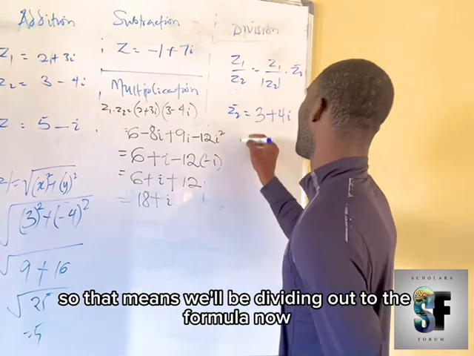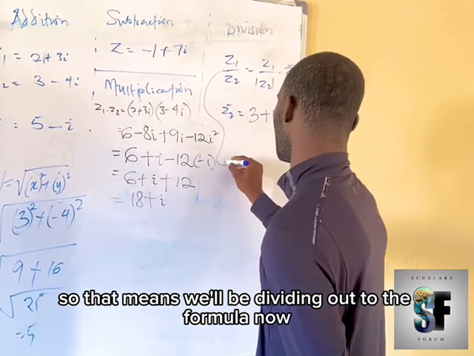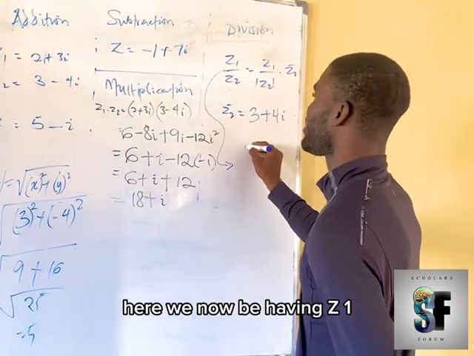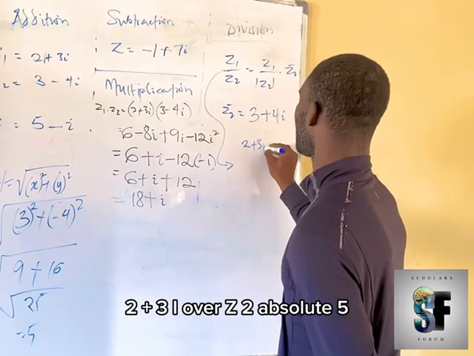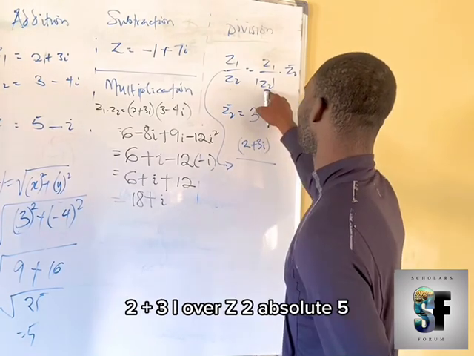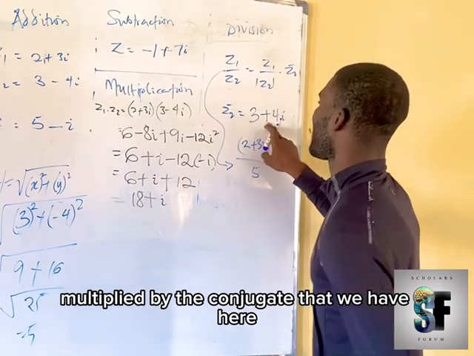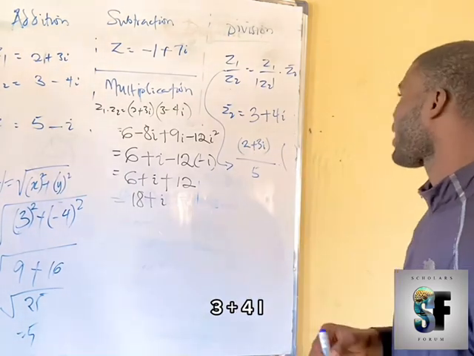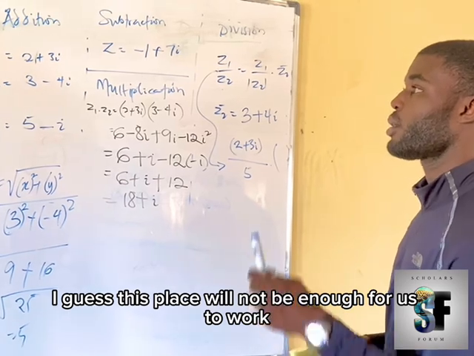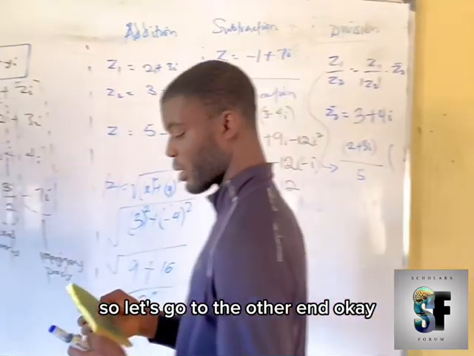So we'll be going back to the formula now. We'll now have Z1, 2 plus 3i, over Z2 absolute, 5, multiplied by the conjugate that we have here, 3 plus 4i. I guess this place will not be enough for us to work, so let's go to the other end.